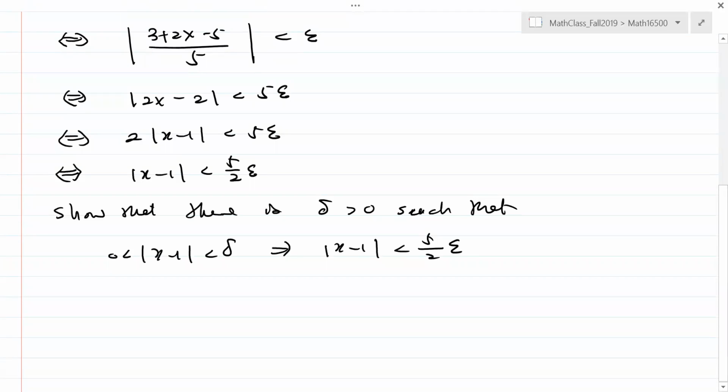Everybody knows what delta you can choose. Clearly, this delta can be 5/2 epsilon or smaller, doesn't matter.